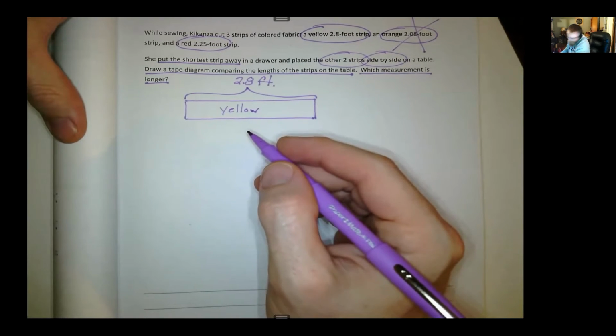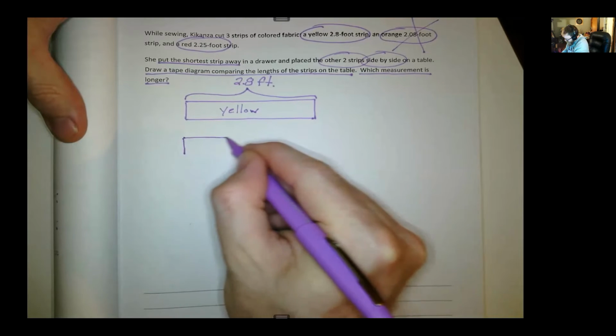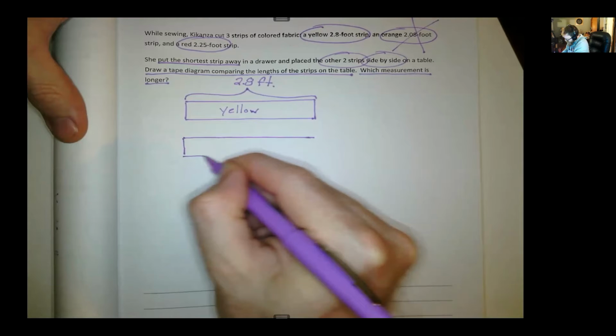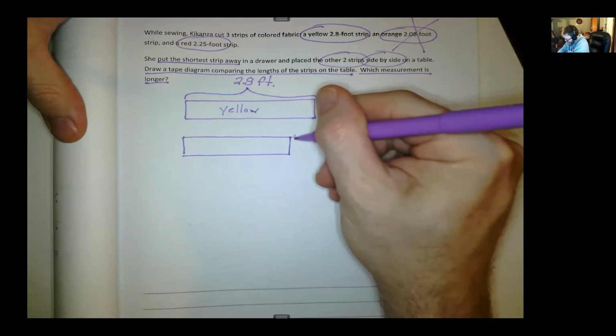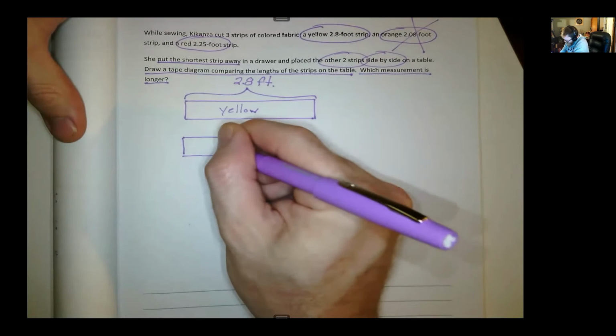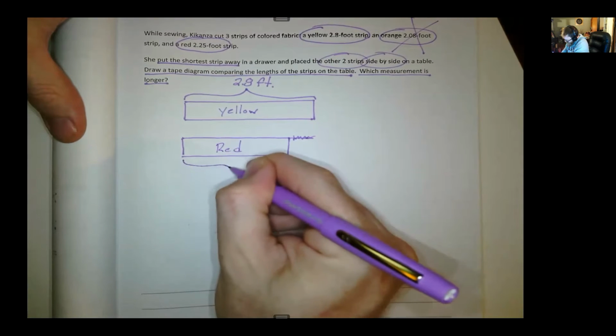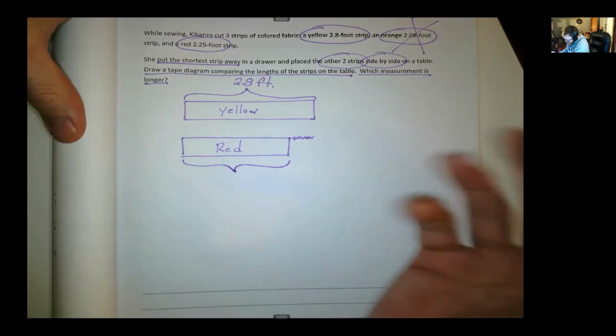And 2 25/100, we know by looking first in the tenths place, that the red strip will have to be smaller, shorter than the yellow strip, because the digit in the tenths place is smaller.